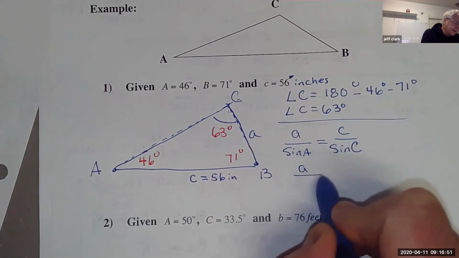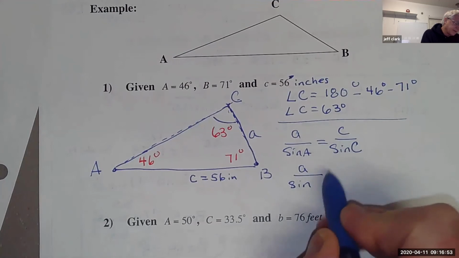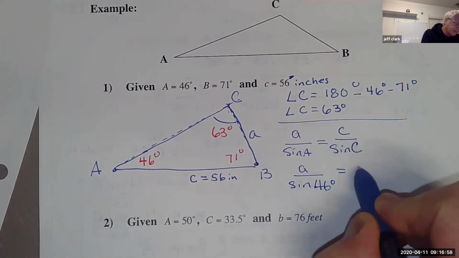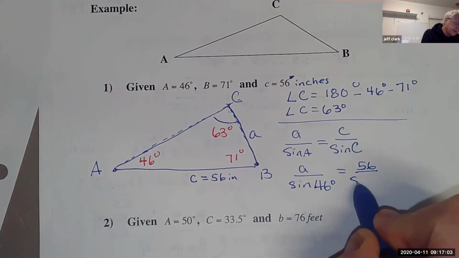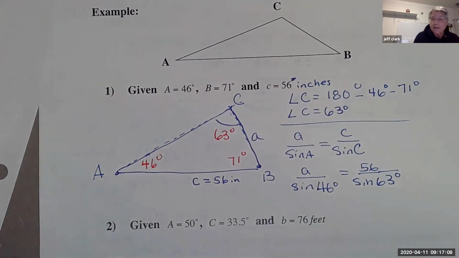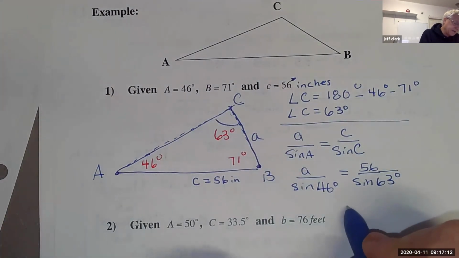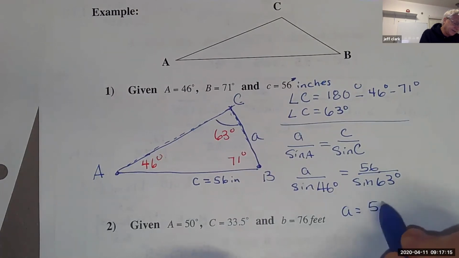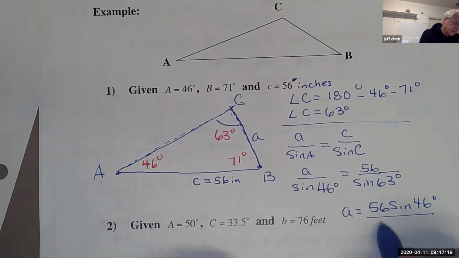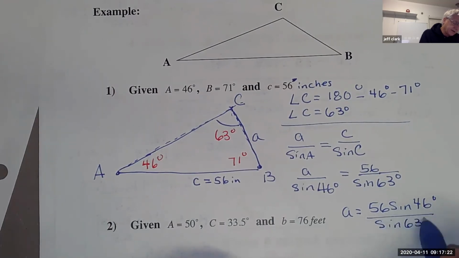Little a I'm trying to find, and that would be sine of big A, 46 degrees, as little c, 56 inches, is to sine 63 degrees, which I found, and that's exact. And now, just like the previous problem, I solve for a, which gets me little a is equal to 56 sine 46 degrees, all over sine 63 degrees.